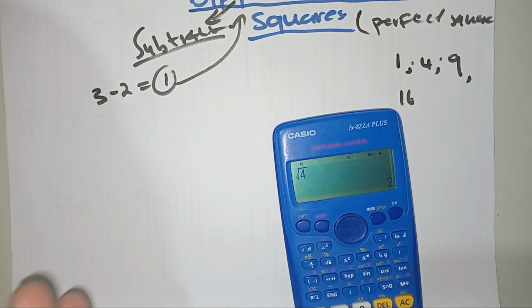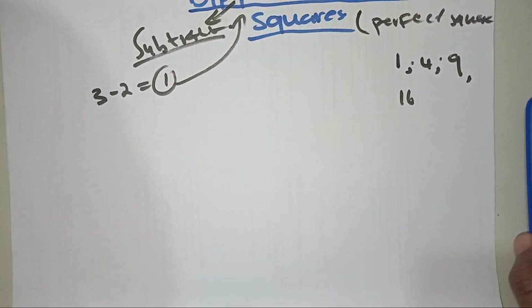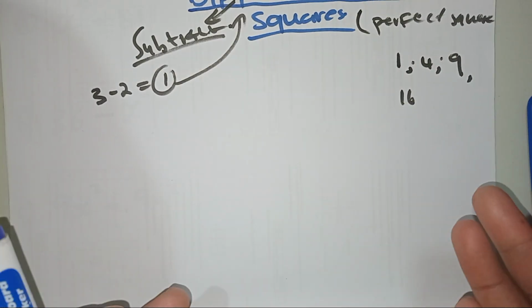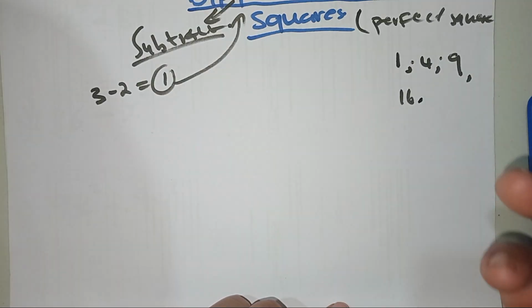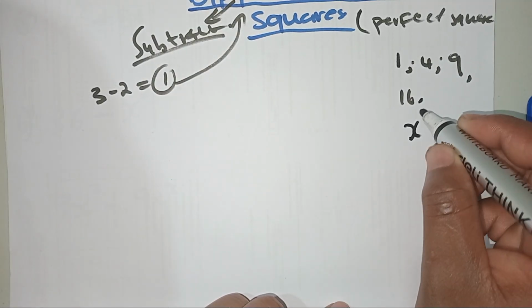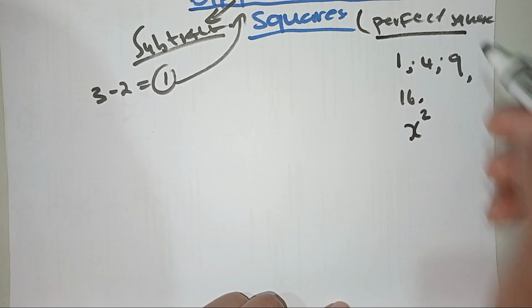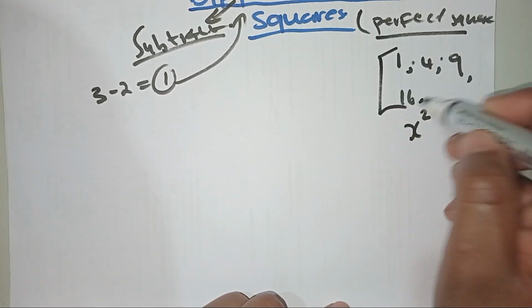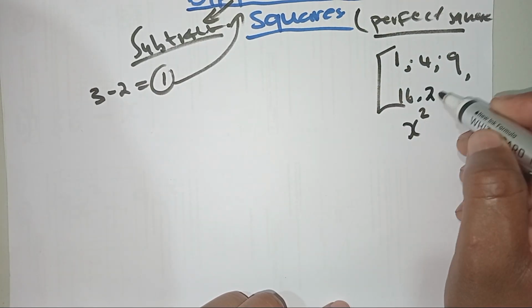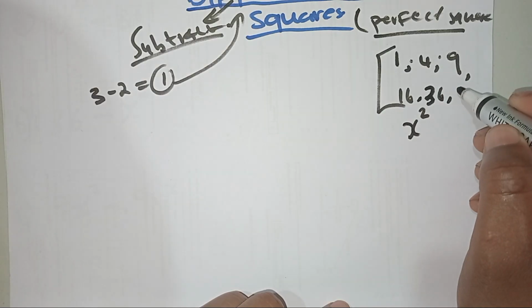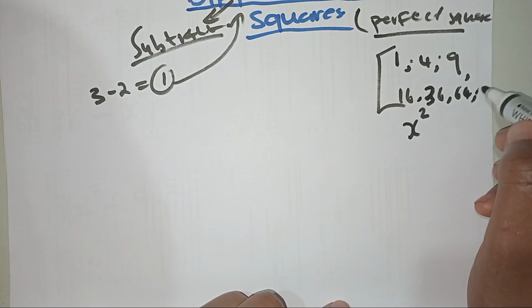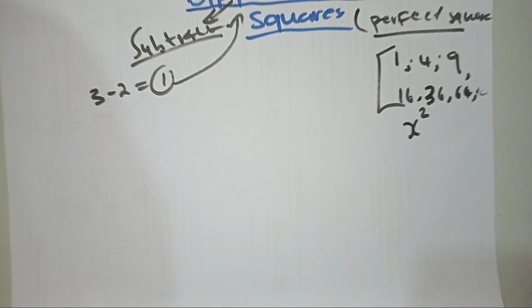So perfect squares are those numbers which are obtained by multiplying another number by itself. In terms of numbers, we have these: 4, 20, 36, 64, 100. How do you check?